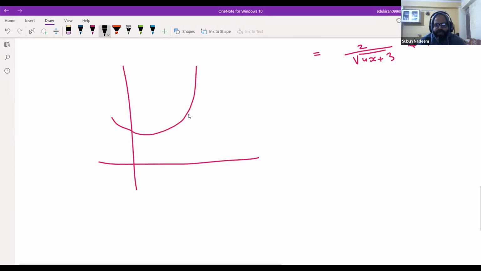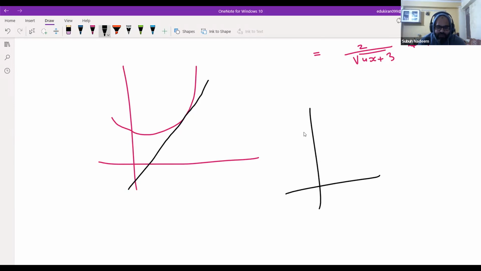What do you mean by derivative? Derivative means slope of tangent. If the graph is like this, suppose this and this, okay. Now here, a very interesting thing is to be noted at this point A.